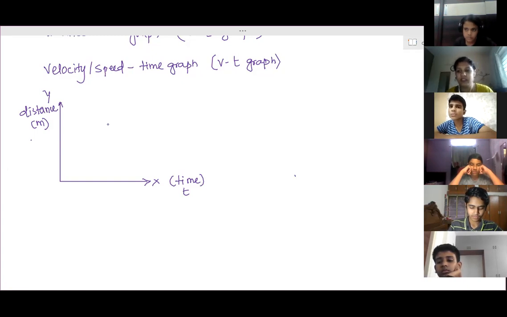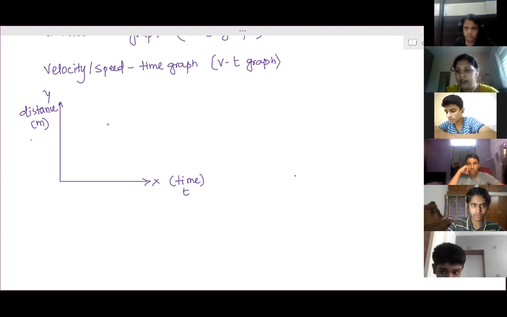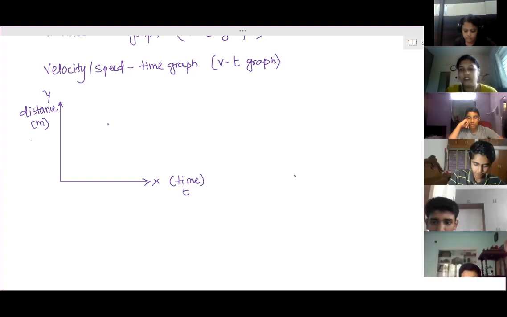Then for the next 3 minutes, what is the distance covered? 4 minutes, what is the distance covered? 5 minutes, what is the distance covered? If we take those values and plot them on the graph and join them, it will be called the distance time graph. That graph is called distance time graph. So for different types of motions, the distance time graphs are different from each other.